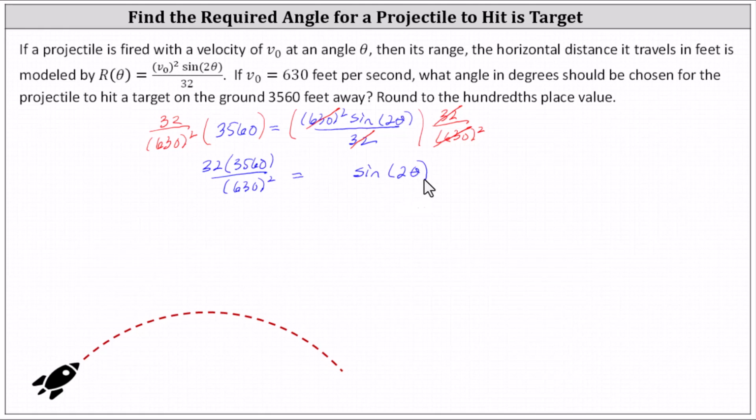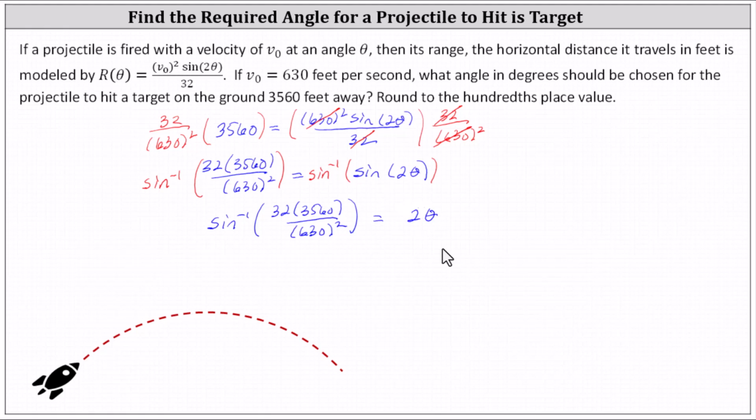And now we'll solve for 2 theta by taking the inverse sine or arc sine of both sides of the equation. Simplifying, we now have inverse sine of 32 times 3,560 divided by 630 squared equals, on the right side, inverse sine of sine 2 theta, which equals 2 theta.